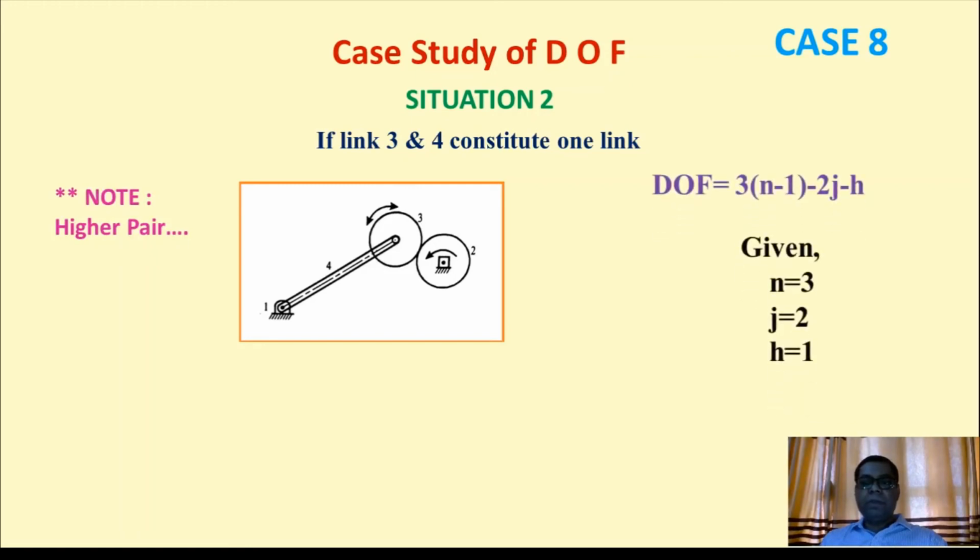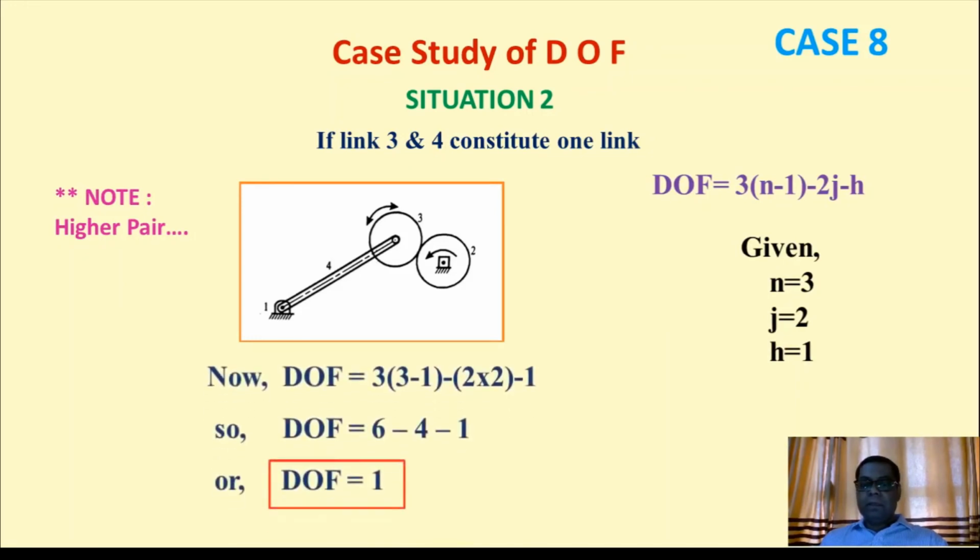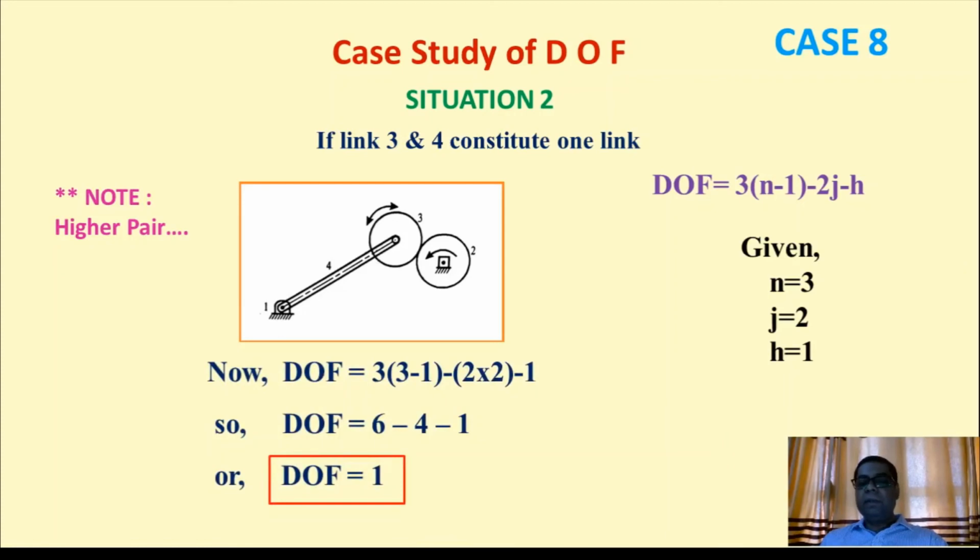In this situation we are getting number of links equal to 3, whereas the lower pair, or equivalent lower pair, equal to 2 and higher pair equal to 1. So by solving we will get degree of freedom equal to 1 in this particular situation. Have you understood this? Otherwise you just roll back and go through this video once again.